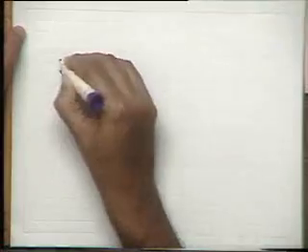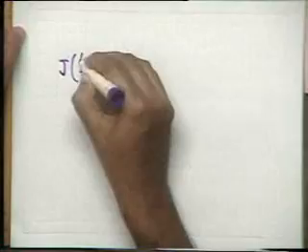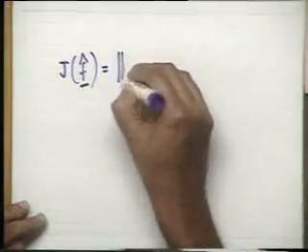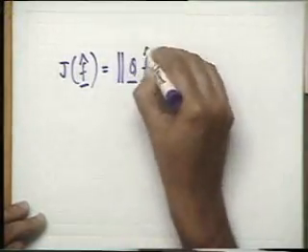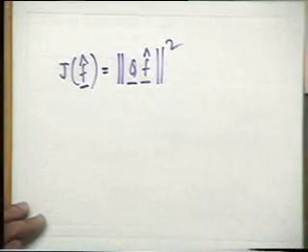The objective function is now defined as follows: J of f hat, because after all we are going to minimize with respect to f hat, because our ultimate problem is to have a good estimate of f hat. So the objective function written in terms of f hat is as follows: Q f hat squared.